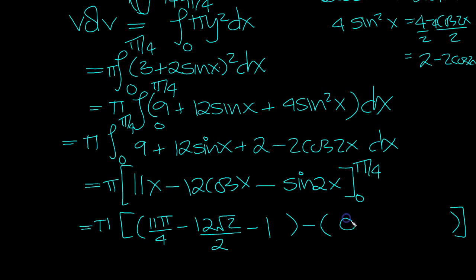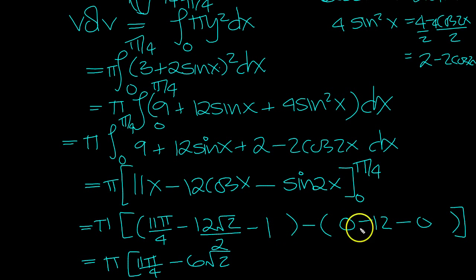You get 0, cos 0 is 1 minus 12, and sine 0 is 0. So we end up with pi times 11 pi over 4 minus 6 root 2. That's a minus 1 plus 12, so it's plus 11.